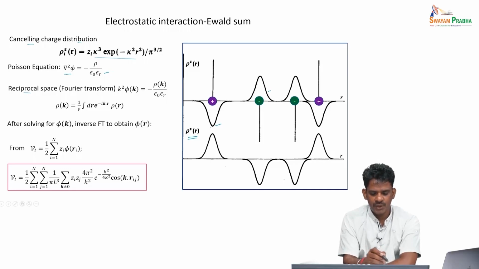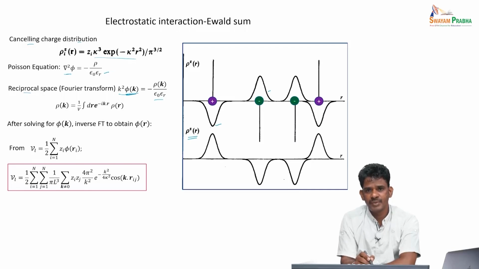So, when you take the Poisson equation and apply Fourier transform, this equation becomes this, where you can see the potential is now written in the Fourier space or the wave vector space, and the charge density also is given in the Fourier space. To get the charge density in the Fourier space, we basically have to do a Fourier transform of the charge distribution.